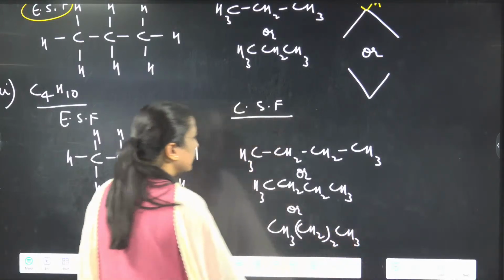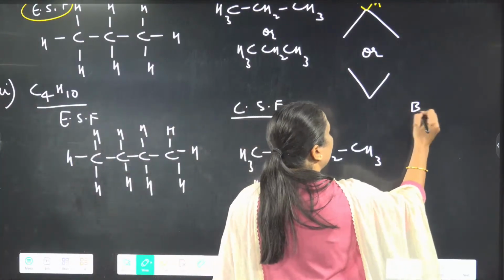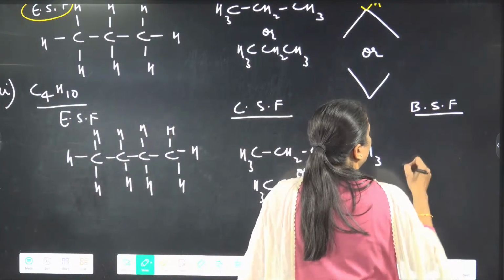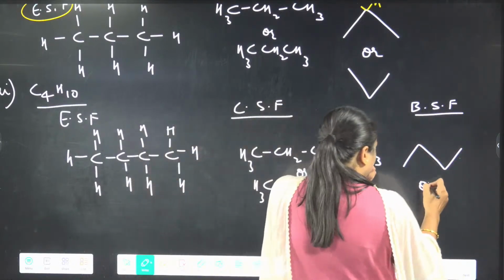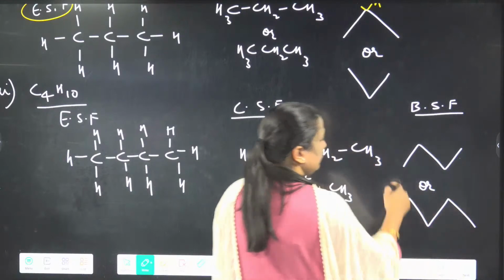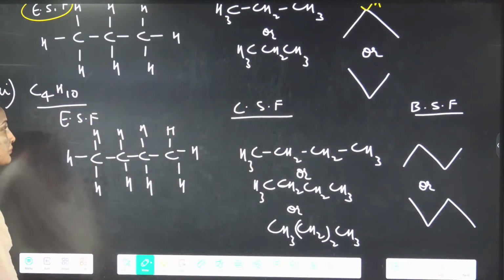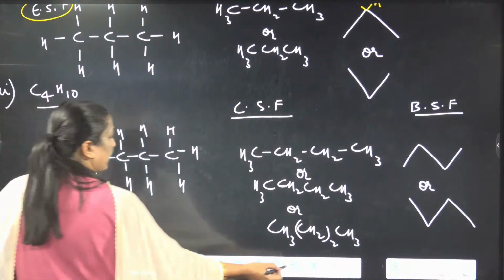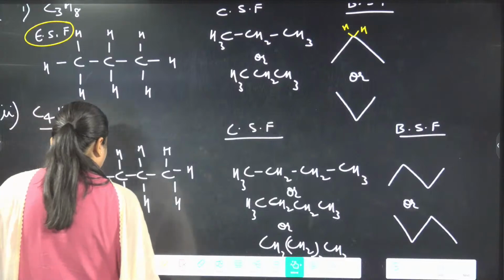All of them mean the same thing. Now for bond line structural formula, you are having something like this. Zigzag you make. Are you getting it? 4 carbons. First you make this, then we'll proceed further.